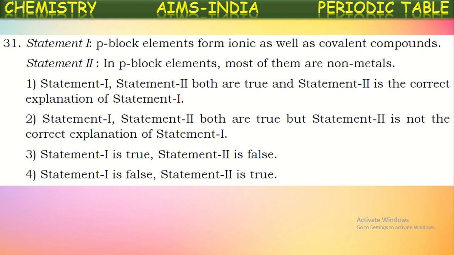For example, chlorine can form ionic bonds with the metals. At the same time, it can form covalent bonds with the non-metals. So as these are present at the extreme right side, mostly non-metals, they can form both covalent as well as ionic bonds. So both the statements are correct, and it is explaining the first one. So the first option is correct.